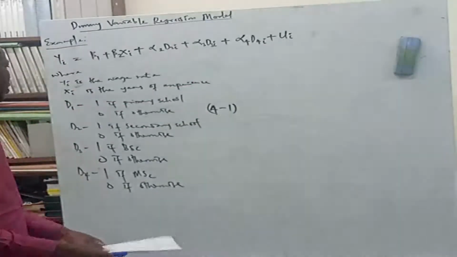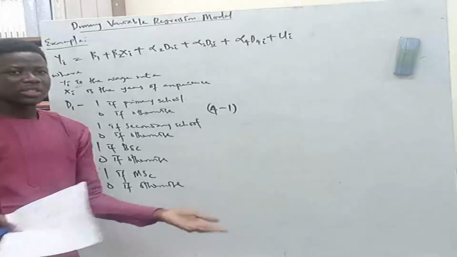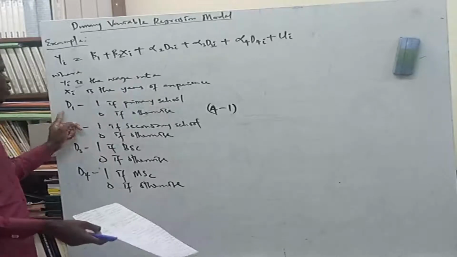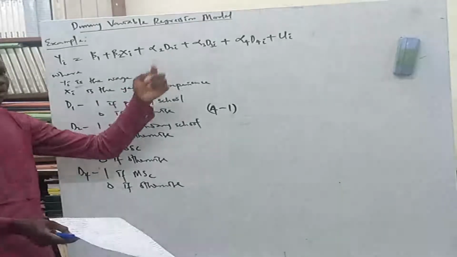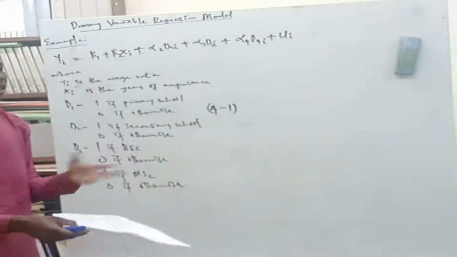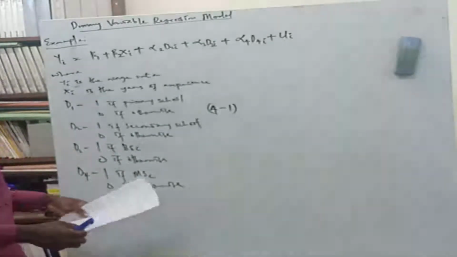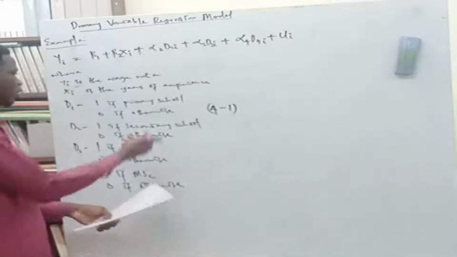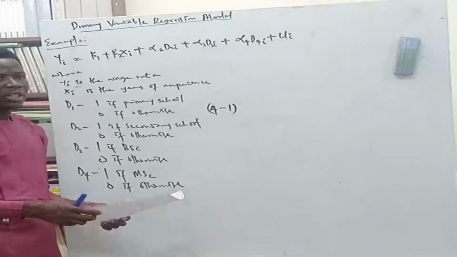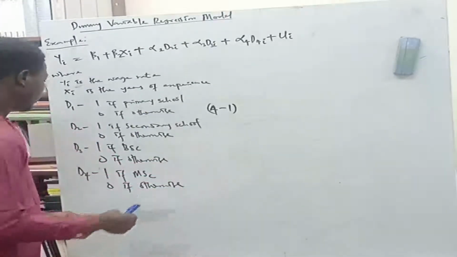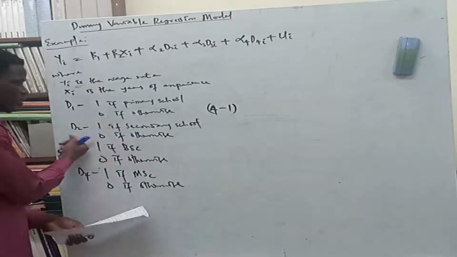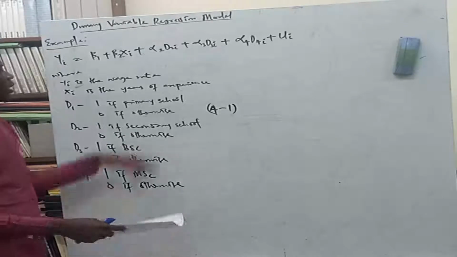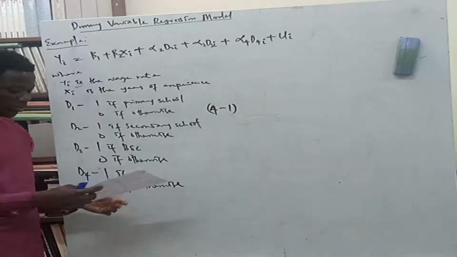So now the next thing is for you to choose your base category. In this case, I chose primary school as my base category. So all the interpretation will be made with reference to those who just have the primary school leaving certificate. D2 stands for secondary school, D3 for BSc, D4 for MSc, and that is what we have done here.